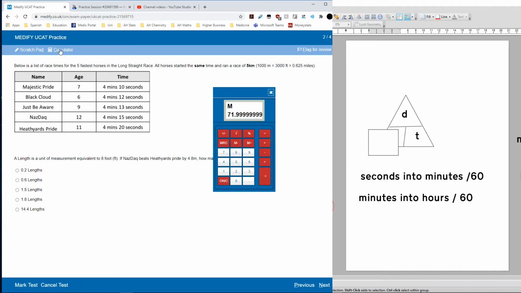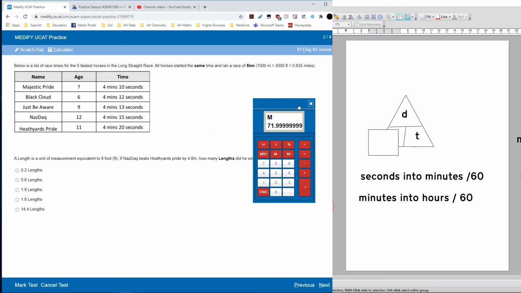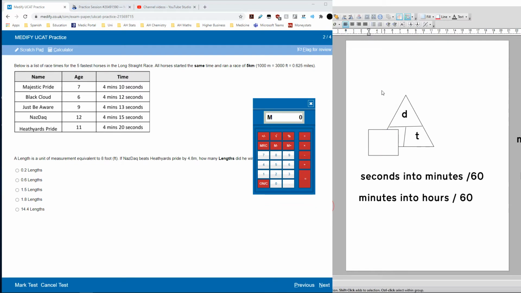Okay. So this is where we go into the conversion thing here, alright? So you can see that 1,000 meters is 3,000 feet. Okay. So let's simplify this down a little bit. 1000 to 3000. That's basically the same as 1 to 3. So it means that 1 meter to 3 feet.